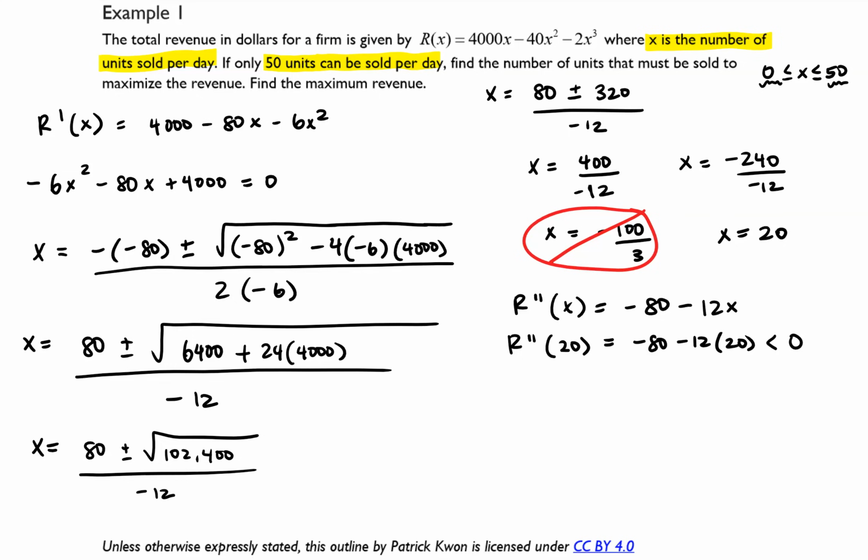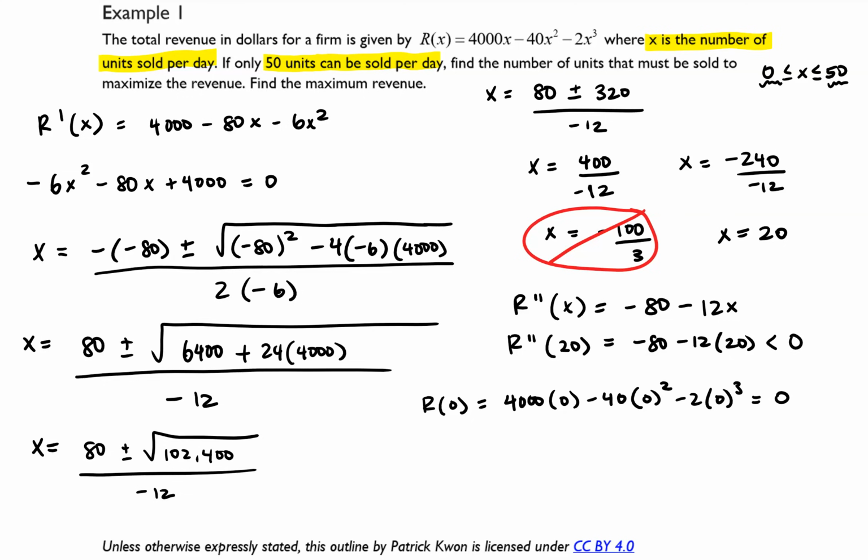So let's evaluate r of 0. If we go back to the original function, we'd get 4,000 times 0 minus 40 times 0 squared minus 2 times 0 cubed. And all of that just ends up equaling 0.